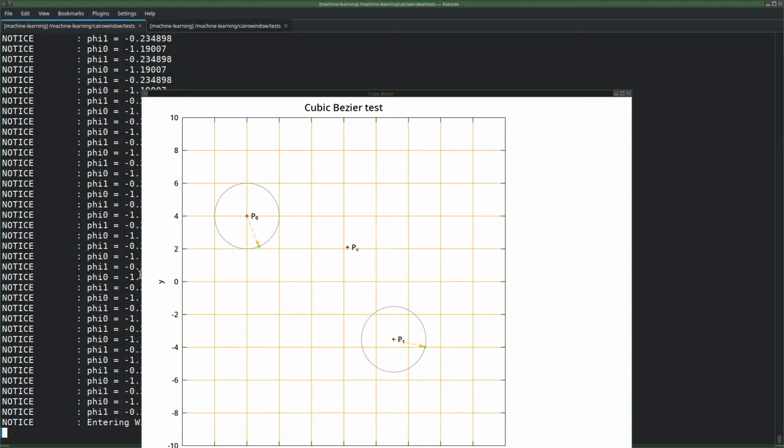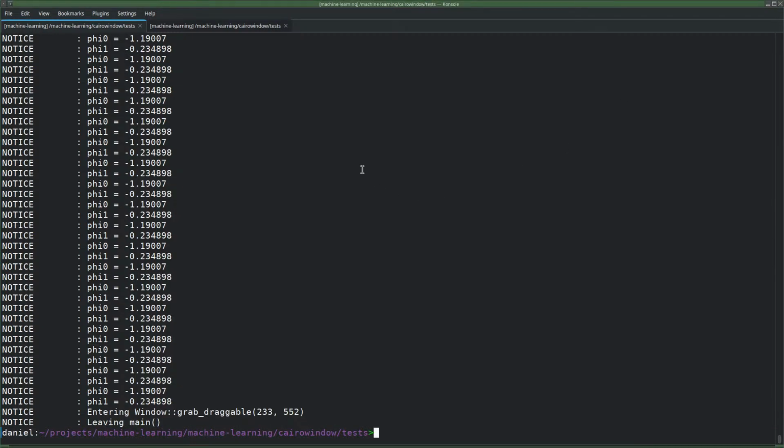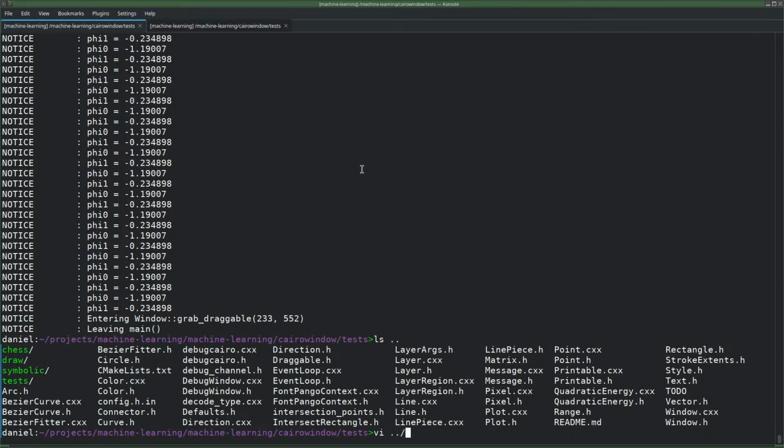Let's see if we can squeeze some cubic Bezier through this, because I think that my cubic Bezier is just this thing here. I don't have anything else.